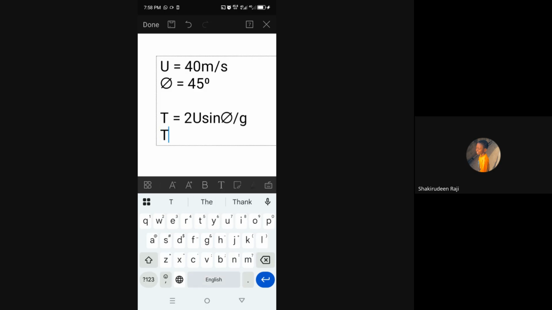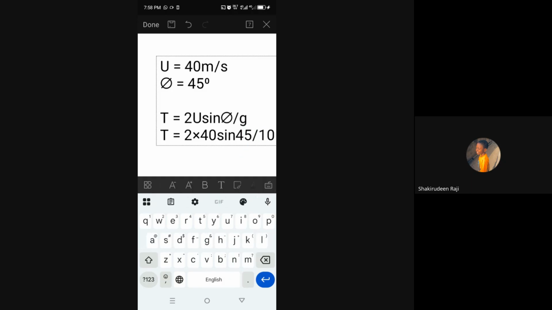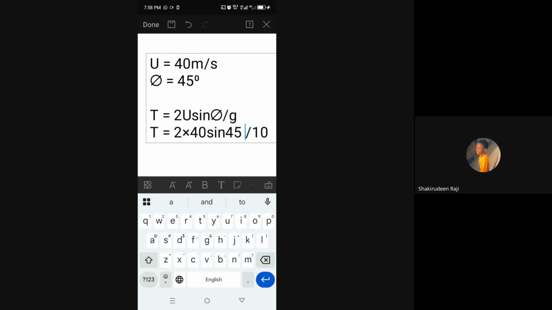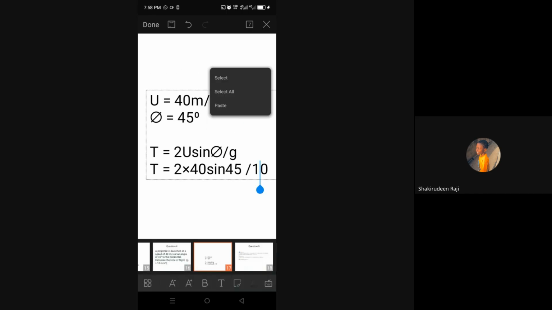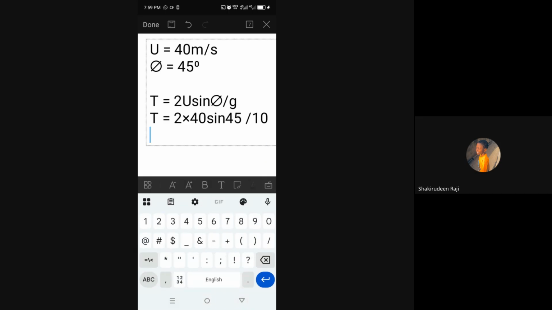Yes. So T now is equal to 2 times 40 sine 45 over 10, everything divided by 10. Acceleration due to gravity is 10 in this case. So sine 45 will give you what? Press your calculator: 0.7071.